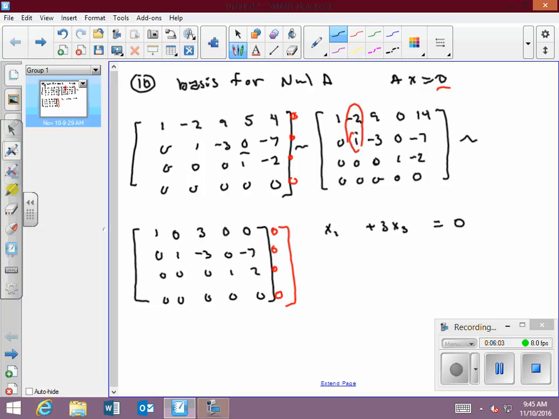Second row says x2 minus 3x3 minus 7x5 equals 0.